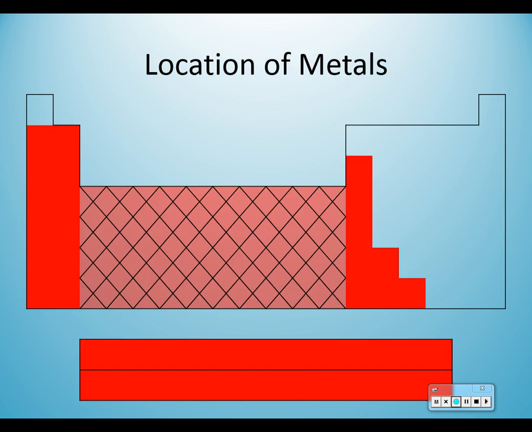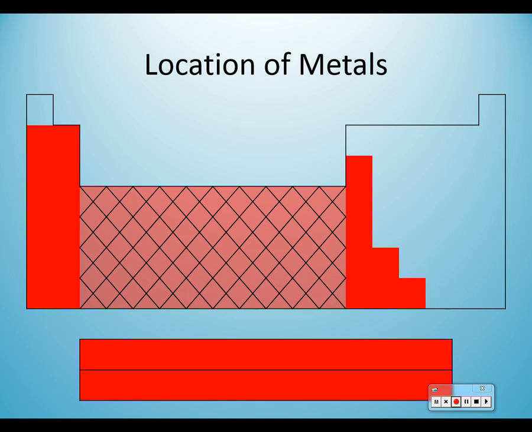So, all of the ones we just colored are metals, but there are also some in addition to the ones that we just colored that are classified just strictly as metals. So you need to know that all transition metals are metals, but not all metals are transition metals.